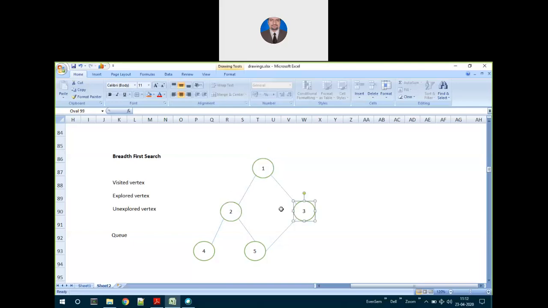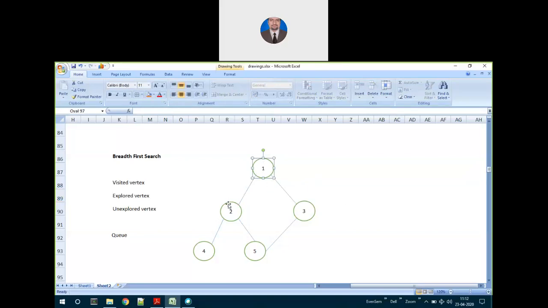Any vertex can be called an explored vertex only if all its adjacent vertices are visited.